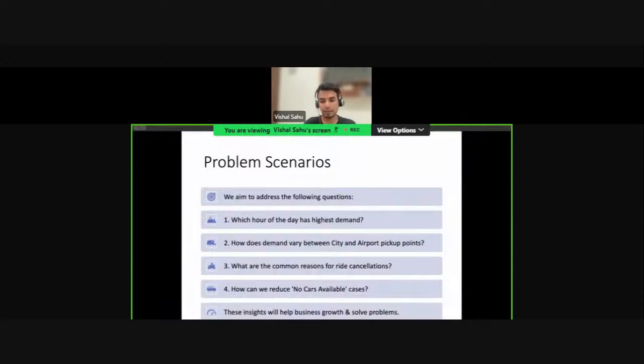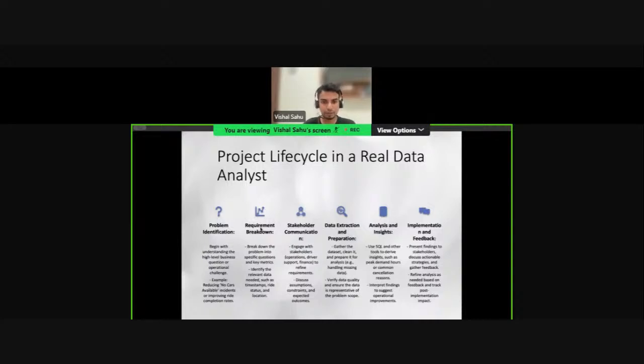So, as I said, the second step requires breakdown of the problem: how will you approach it? Before moving on to the next slide, can you all try to answer what are the factors that you think could affect Uber ride demand in a city like Bangalore or Delhi?